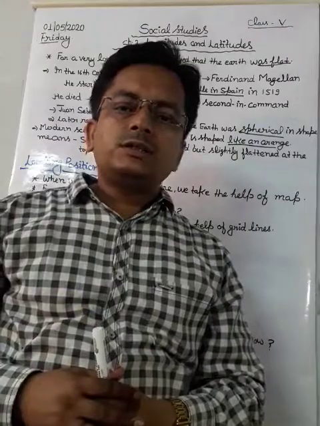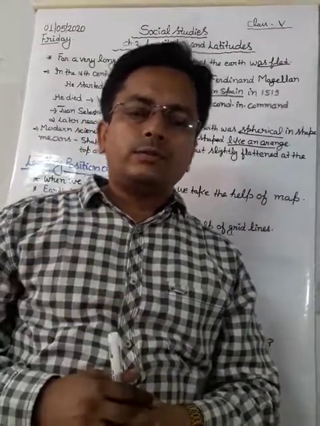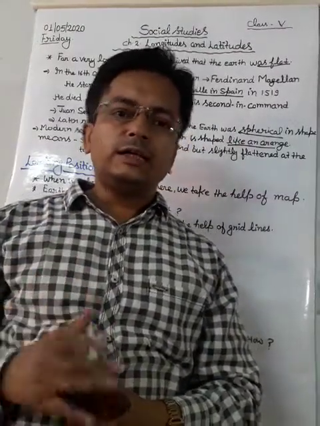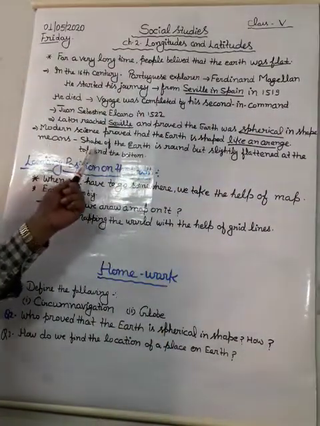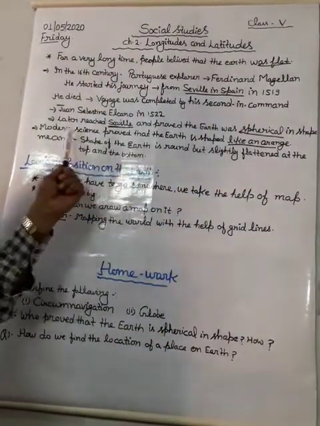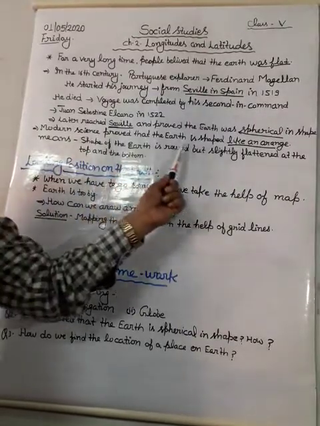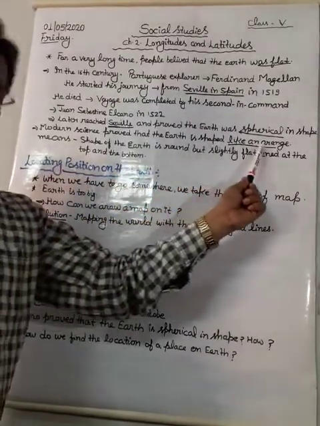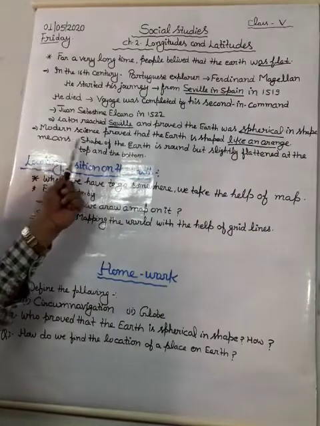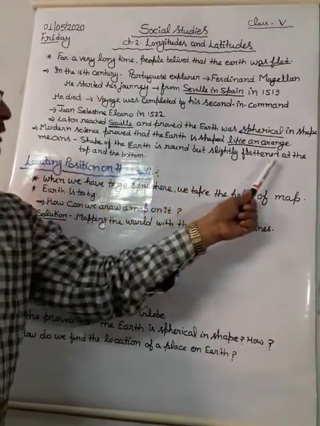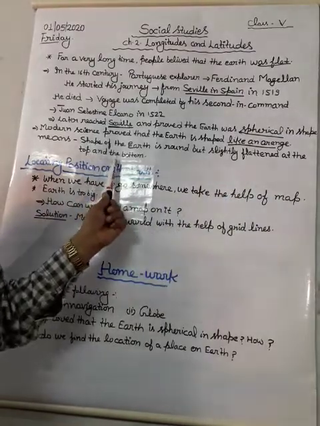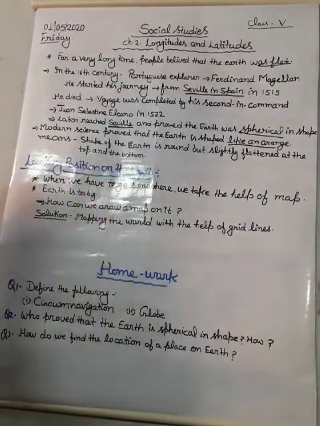As time passes, we develop ourselves by innovating things. So, about the shape of the earth, modern science proved that the earth is shaped like an orange, meaning the shape of the earth is round but slightly flattened at the top and the bottom.